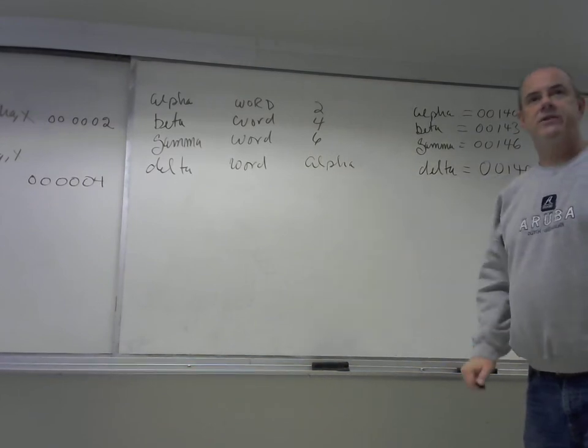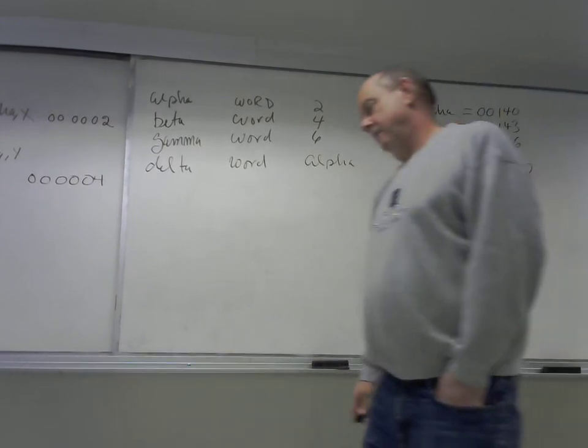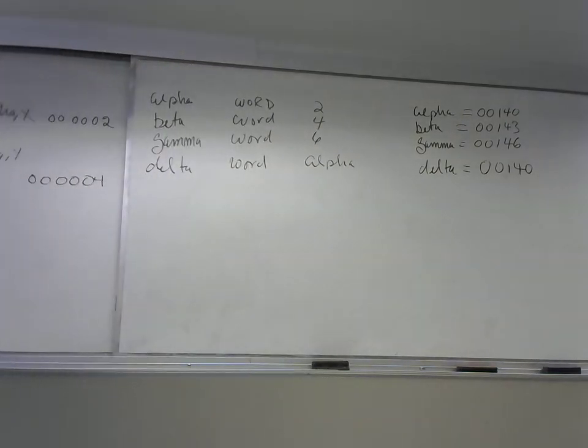Well, why is there a pound sign on it? Doesn't pound sign alpha mean the address of alpha? Here we've got LDA alpha, there's no pound sign, and it's not an address. Why is it an address there? Delta word alpha. Because the pound sign's not in play.